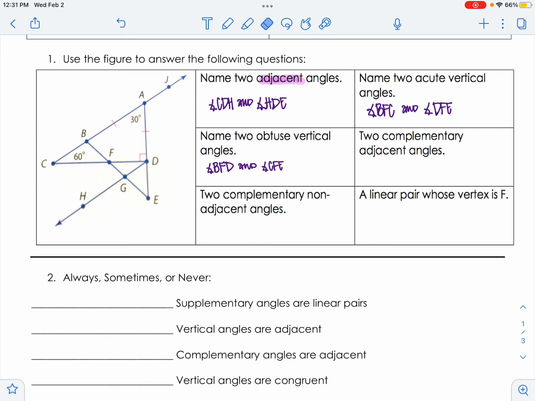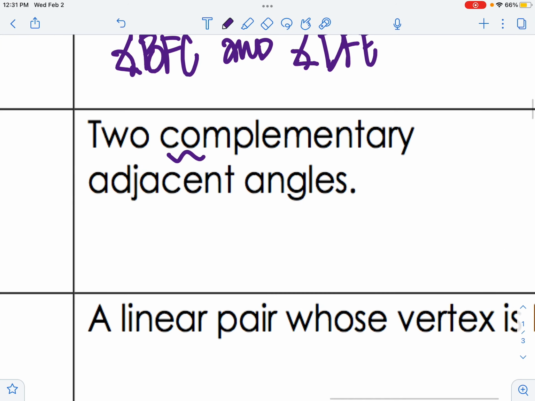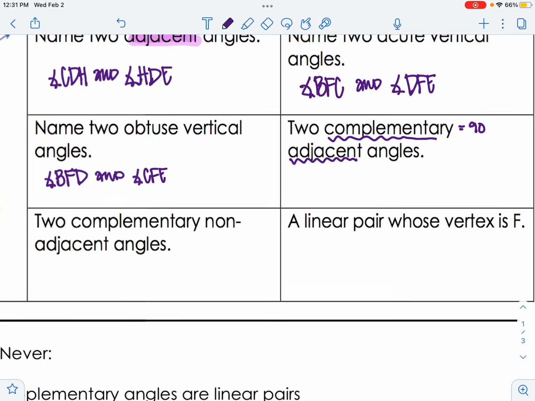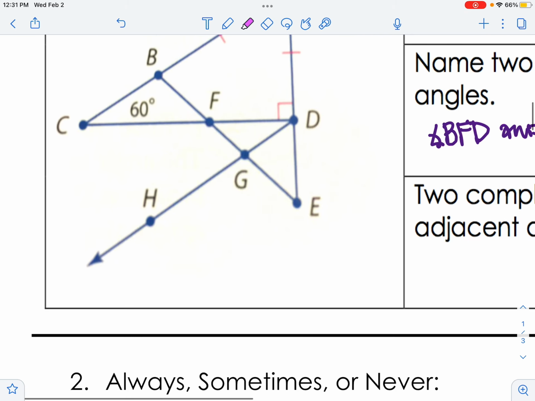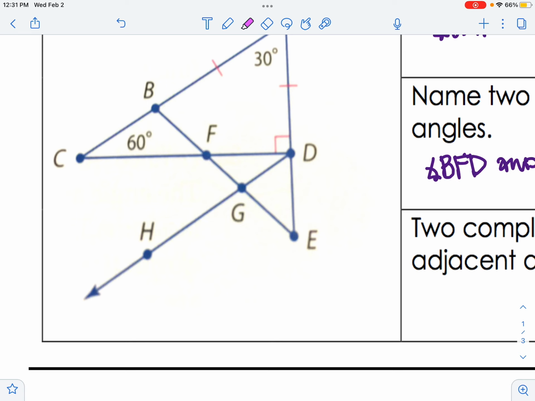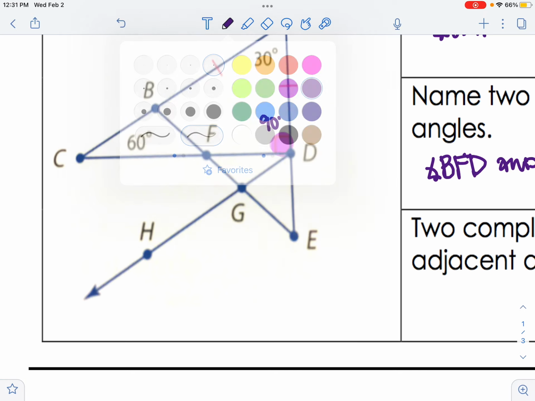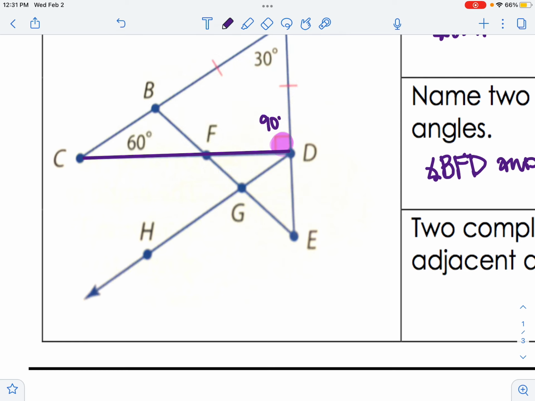So now we're going to go to complementary, and complementary means that they have to add up to equal 90 degrees. And adjacent means that they have to be side by side. So what I'm looking for are two angles that have to add up to 90 degrees that are right beside each other. So when I'm looking at this picture, I actually look for my right angle right here, all right, because that means that that's 90 degrees, right? Now, one angle by itself can't be complementary. And so what I'm going to do is I'm going to look right beside that angle, and I'm going to look at this angle CDE, right?